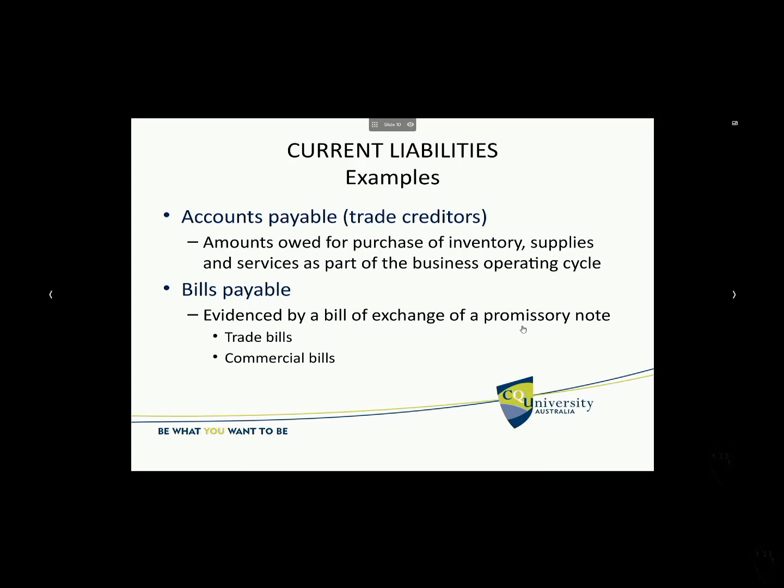And they can also be evidenced in a document called a promissory note, which we also talked about before. The difference, as I said, is generally the much larger amounts of money, and also there is an interest component to a bill payable that is not part of accounts payable. Accounts payable terms are normally interest-free.